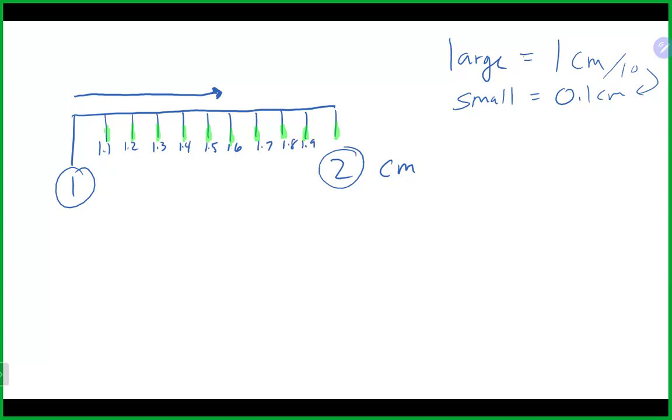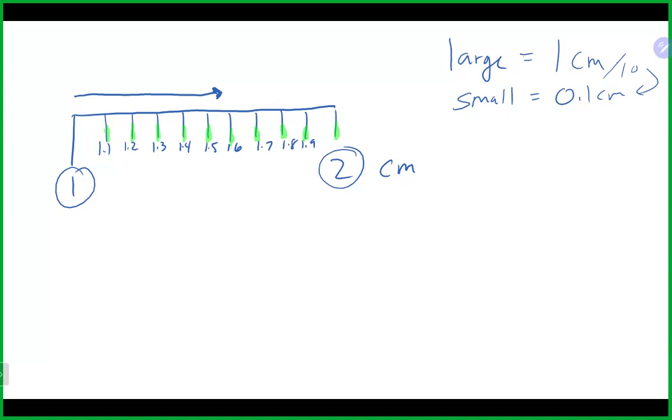Now, once we establish what the large marking is and what the small marking represents, we're ready to take our measurement. And there should always be a certain amount of numbers in your measurement that no matter who takes a look at it, everybody should agree that it is at least that amount.